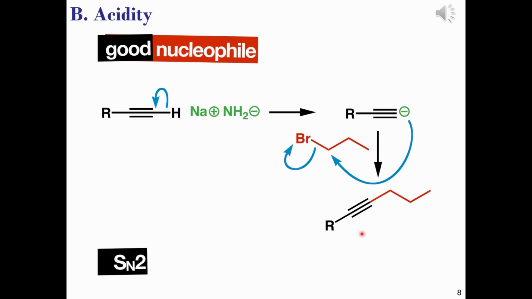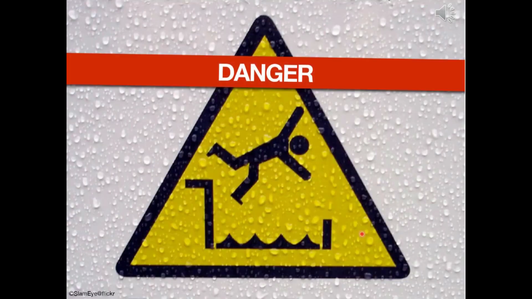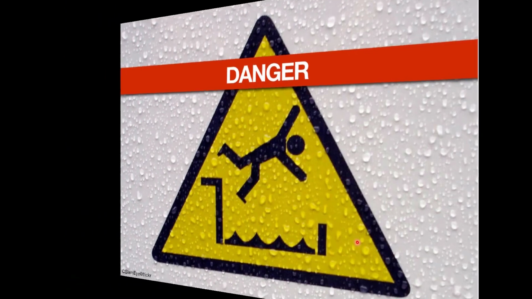But whilst these species will behave as a good nucleophile, as indicated in earlier lectures, these acetylenic species will also be strong bases. The danger here is forgetting this and causing an unintended side reaction. Let's have a look at this now.